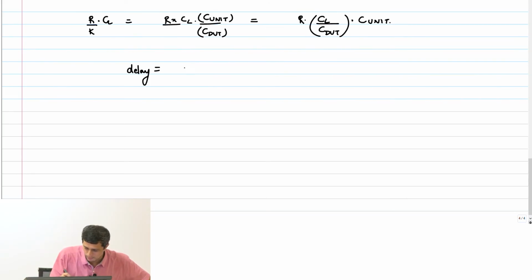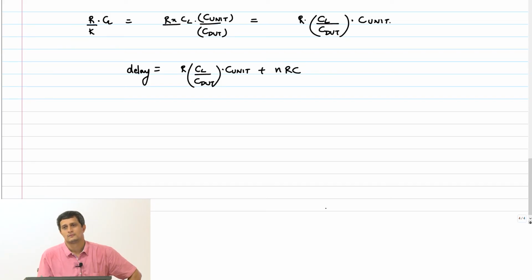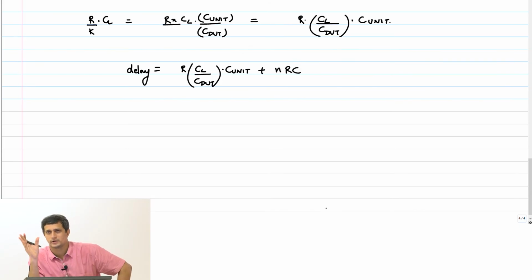The load term R into CL by C DUT into C unit, plus some N times RC, where N will depend on the gate, whether it's an AND, NOR or whatever it is. But some number multiplied by RC.